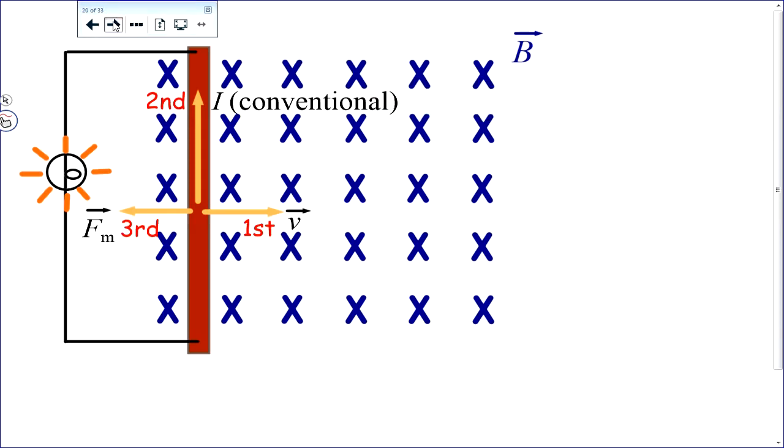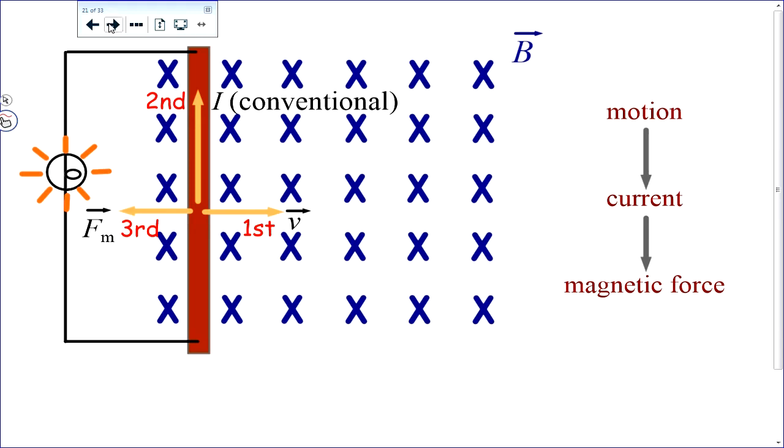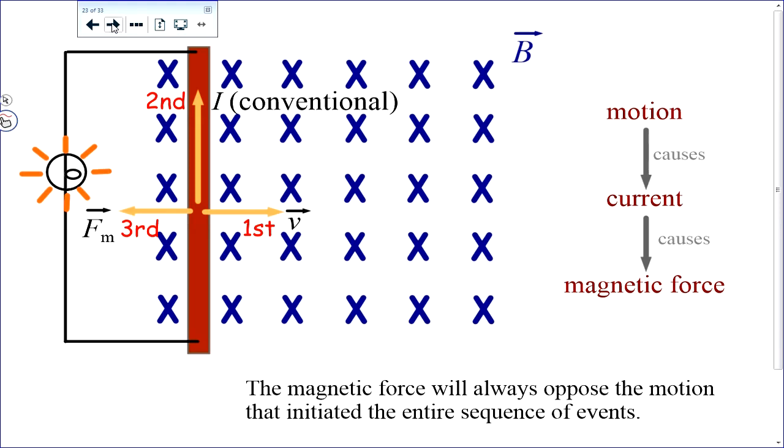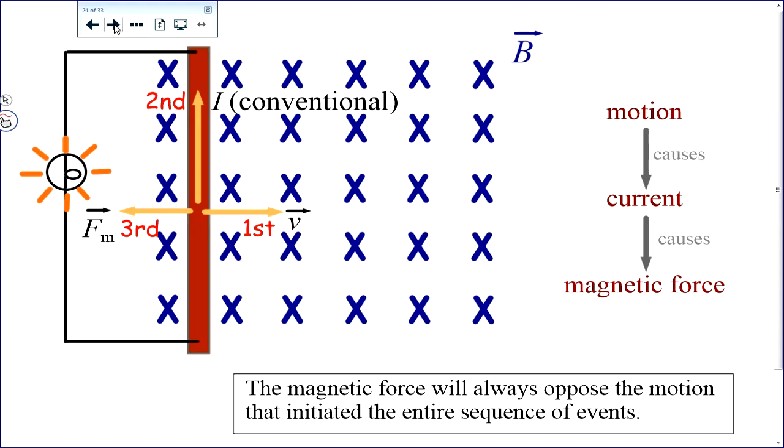So the motion causes the current, the current causes the magnetic force. And what Lenz's law says is that force will always oppose the motion. That's what Lenz's law is. That's one way that I can show it to you.